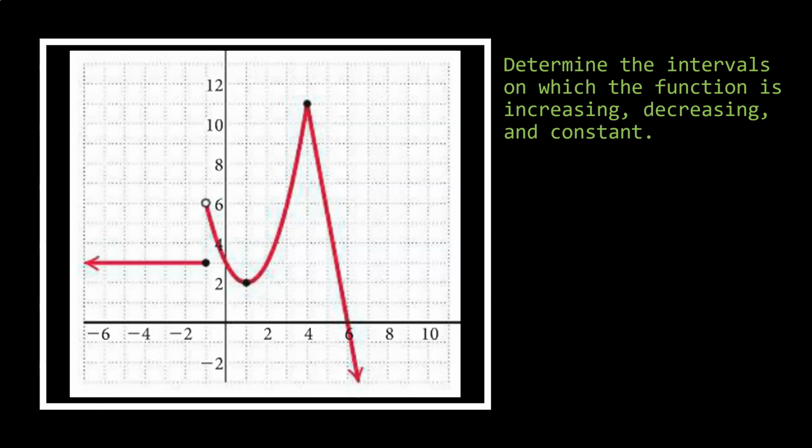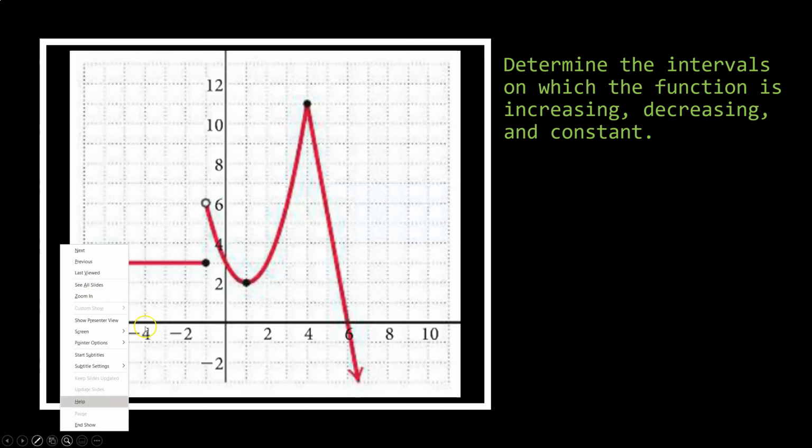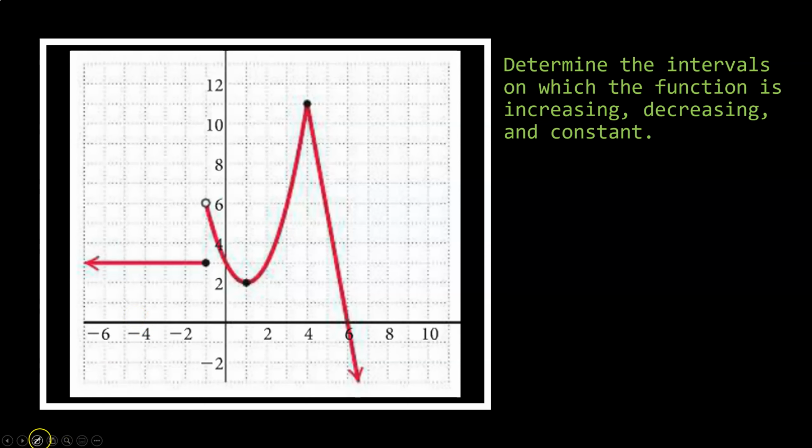Here is an example. Okay, so suppose you are going from left to right here, and you would say, well, from negative infinity to say -1, the function is not going up or down, not increasing or decreasing, meaning f of a is always equal to f of b, so that function is constant over the interval negative infinity to -1.